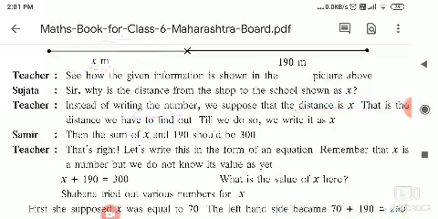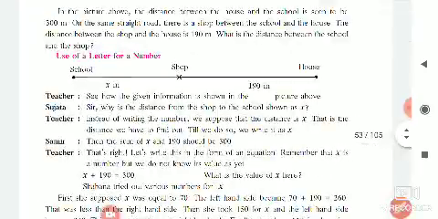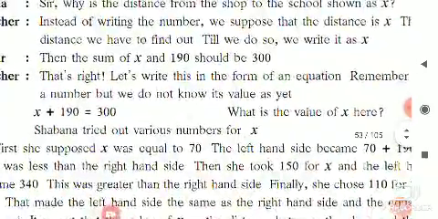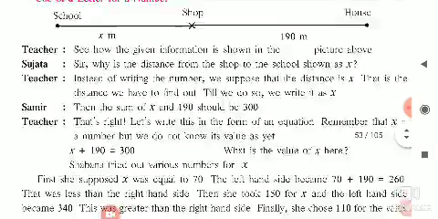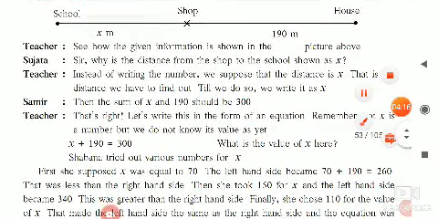That is the distance we have to find out. We write it as x meters, meaning the thing we don't know, we take as x, or any letter from the English alphabet can be taken for this.